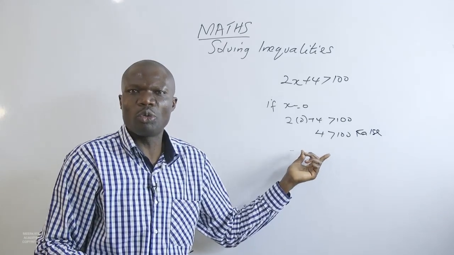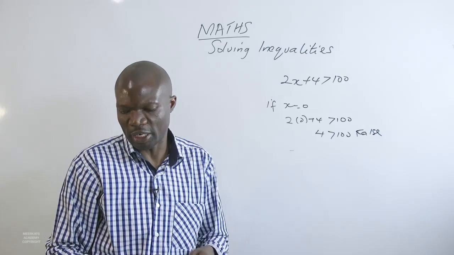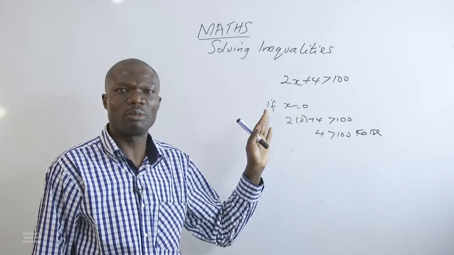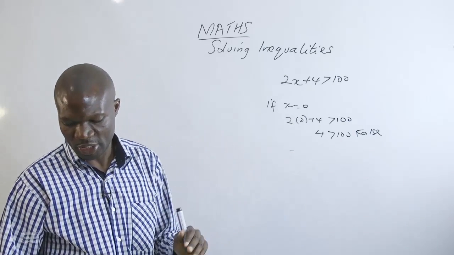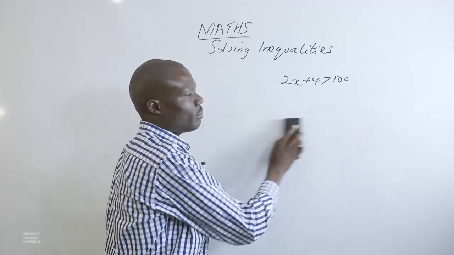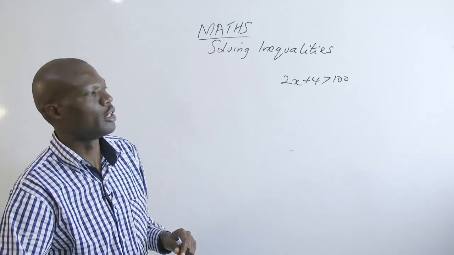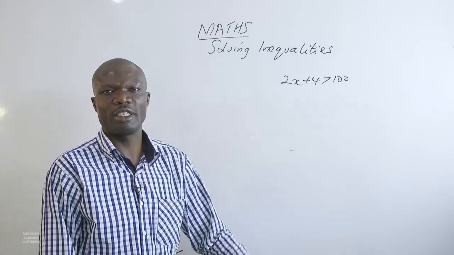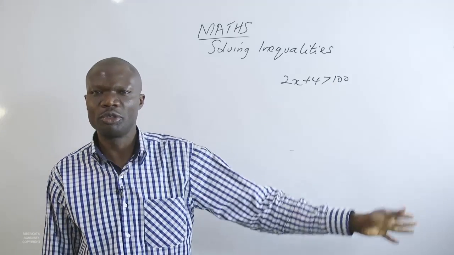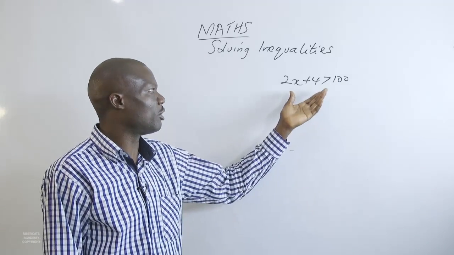So how do we approach this question and solve it? We want to get the values for x which make the inequality true. You'll notice that for larger values, like if we were to say x is 100, definitely it would be a true value for this.